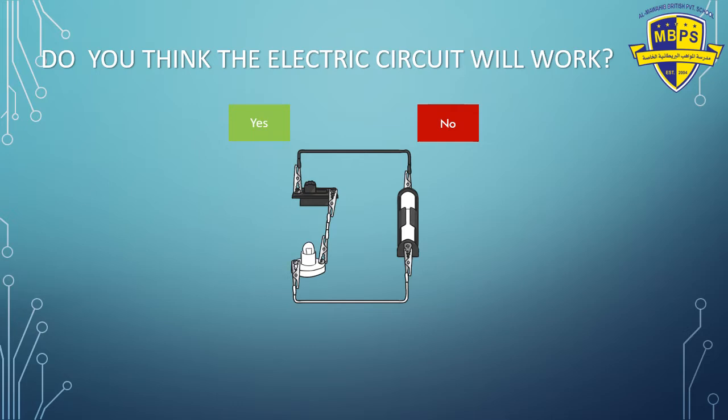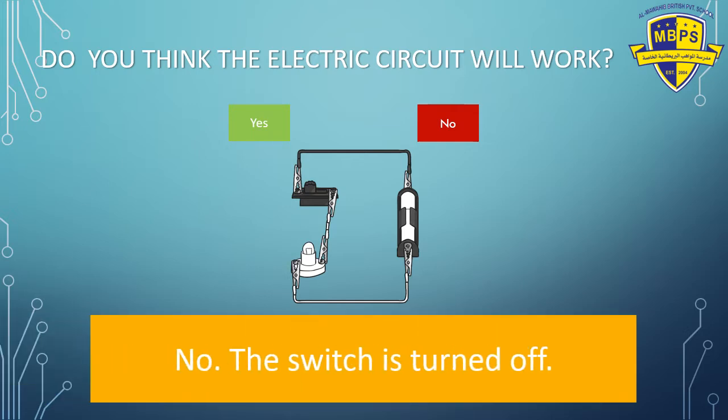I'm giving you a countdown again. 5, 4, 3, 2, 1. No, because the switch is turned off. This is the reason why it's not going to work. If the switch were turned on, the circuit would be complete and the current would be allowed to pass through it, and the bulb would light up.